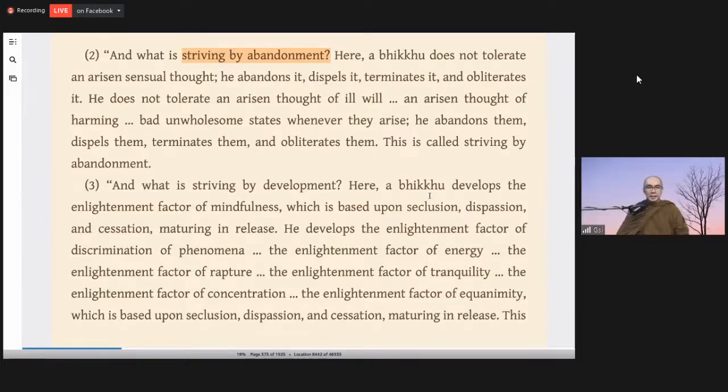So here again, the sensual thoughts already arisen, the ill will or the anger already arisen, now you have to make the effort to abandon them. How do you make the effort to abandon them? Again, not by anger or desire.